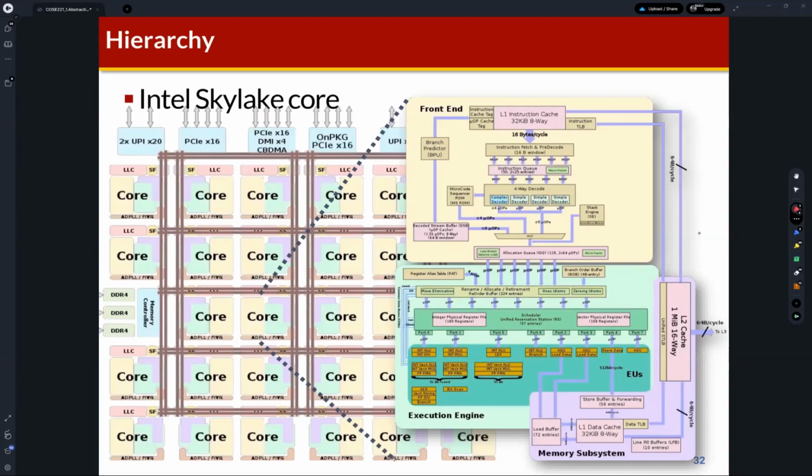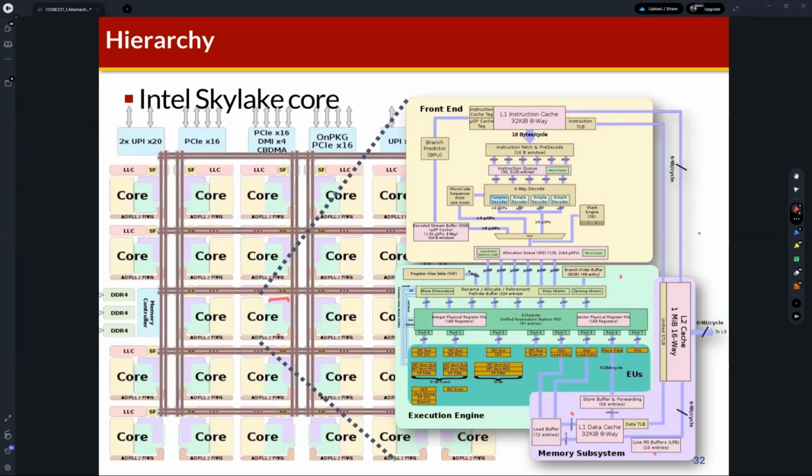This is the architecture of the core. You can find the yellowish color here, the greenish color, and the violet color here. The figure shows a more detailed architecture of a single core, and you can find many modules.